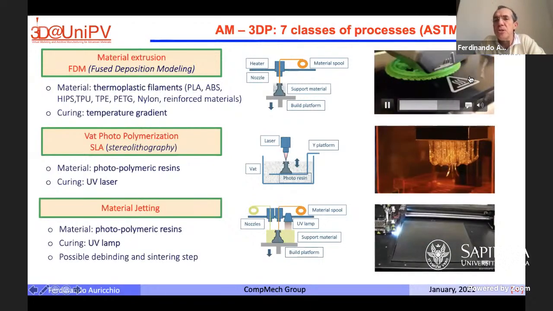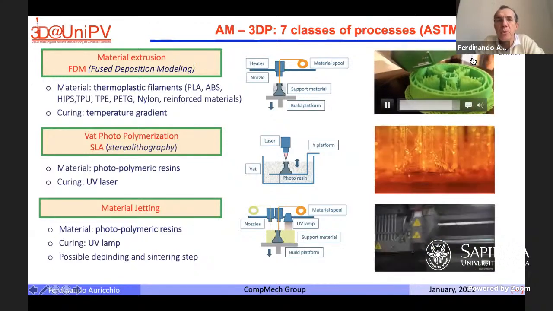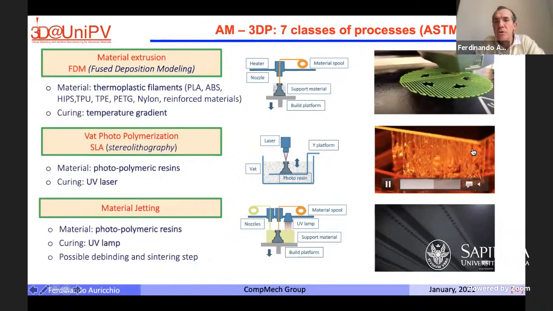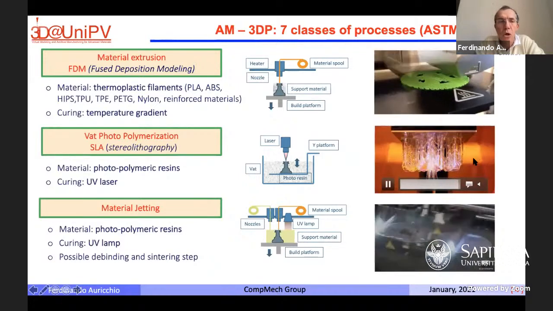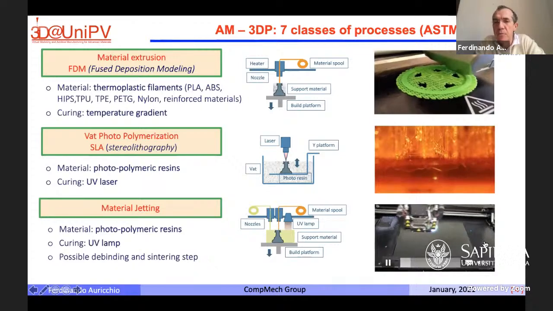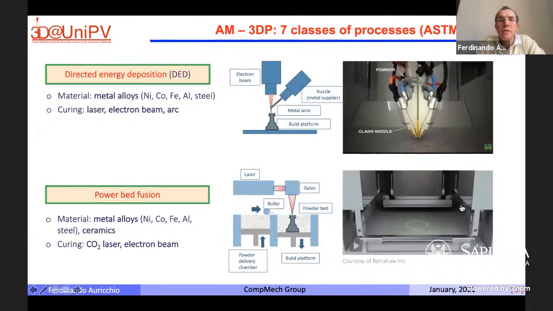In the first technology, there is a thermoplastic wire, which is progressively deposited. In the second technology, there is a laser, which transforms a liquid material into a solid. In the third technology, you spray the material, and while you spray, you also solidify. Or there are other technologies like direct energy deposition and powder bed fusion.